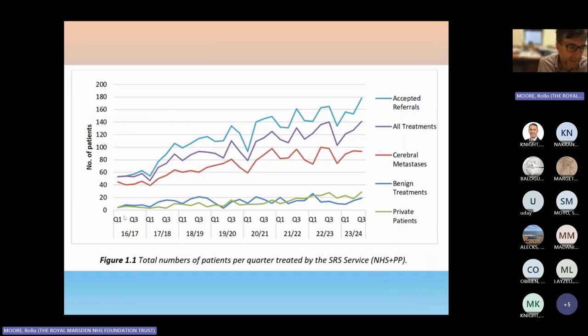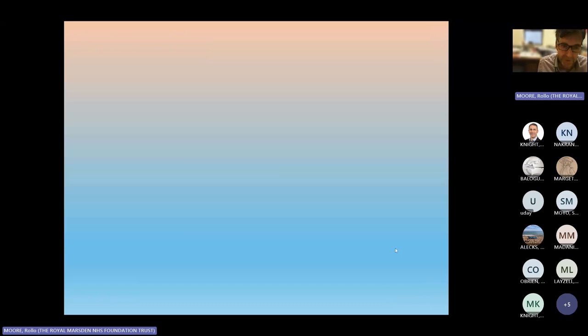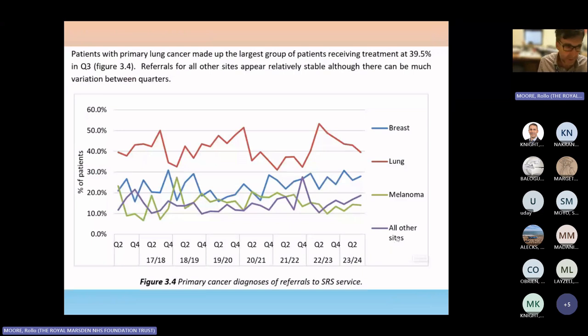So basically, we have had since 2016 and 17 a steady rise from 40 per year up to about 80 per year of mets patients, and we treat the majority of these with our CyberKnife units, of which we have 2 in the Marsden.